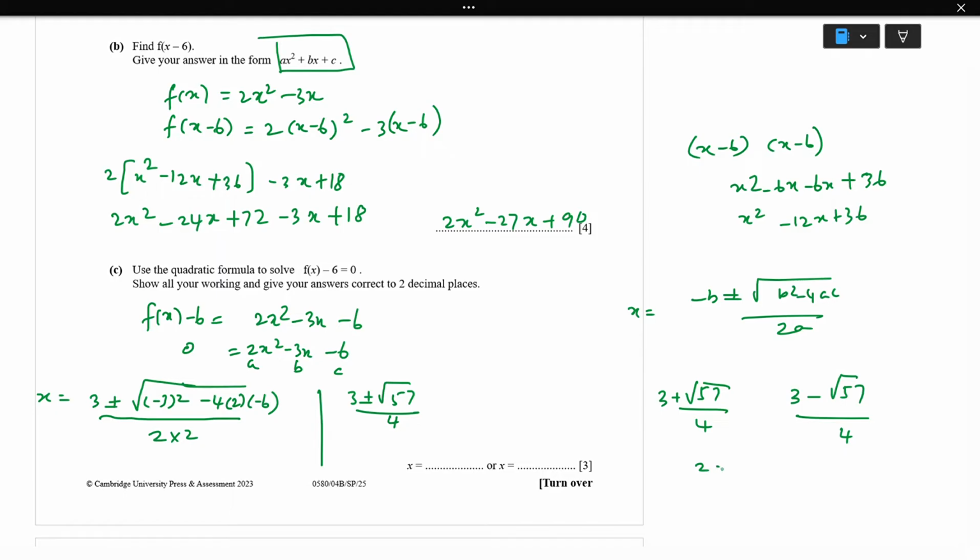So here the answer is 2.63745, so we'll round up to 2.64, and here we'll get minus 1.13745, so minus 1.14. So one answer is 2.64, and the other answer is minus 1.14.